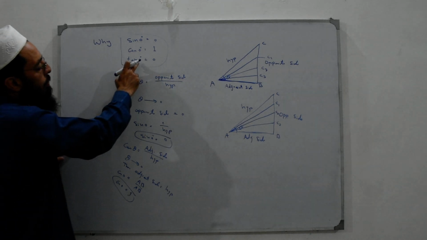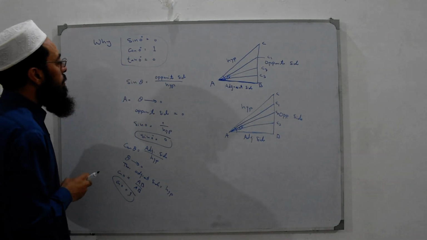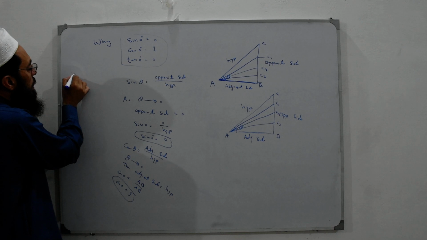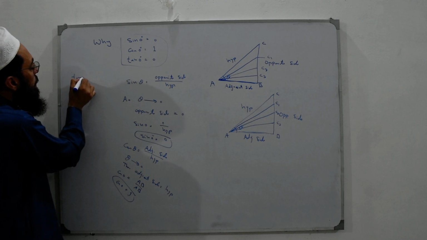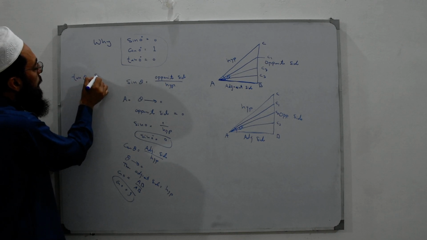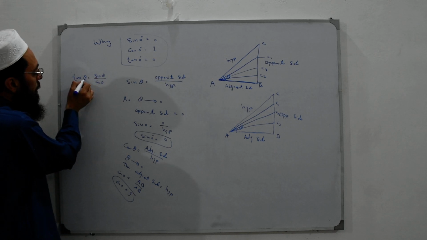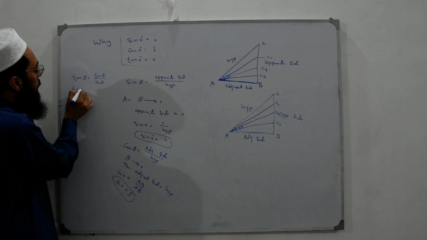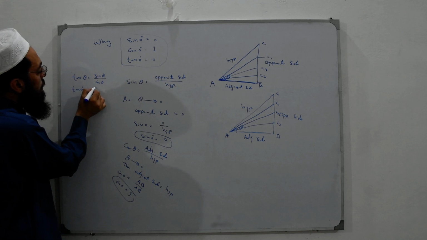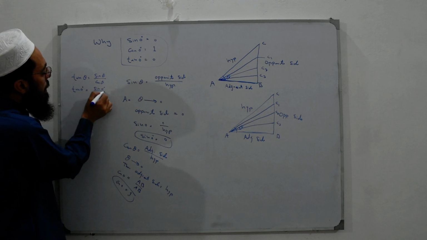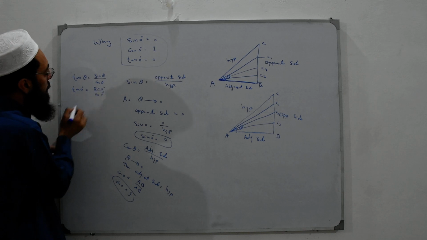Now we will prove that tangent 0 degree is equal to 0. As we know that tangent theta is equal to sin theta divided by cos theta. Put theta equal to 0. So tangent 0 degree is equal to sin 0 degree divided by cos 0 degree.